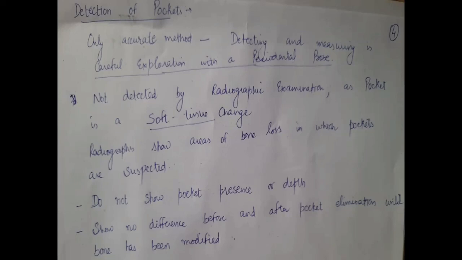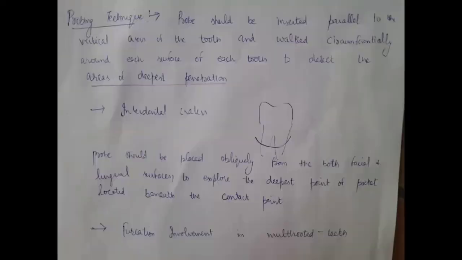Radiographs will show you areas of bone loss in which pockets can be suspected, but if there is recession, then bone loss will not correspond to the pocket depth. X-rays will not show you the pocket presence or pocket depth, and X-rays cannot even tell you the difference before and after pocket elimination.